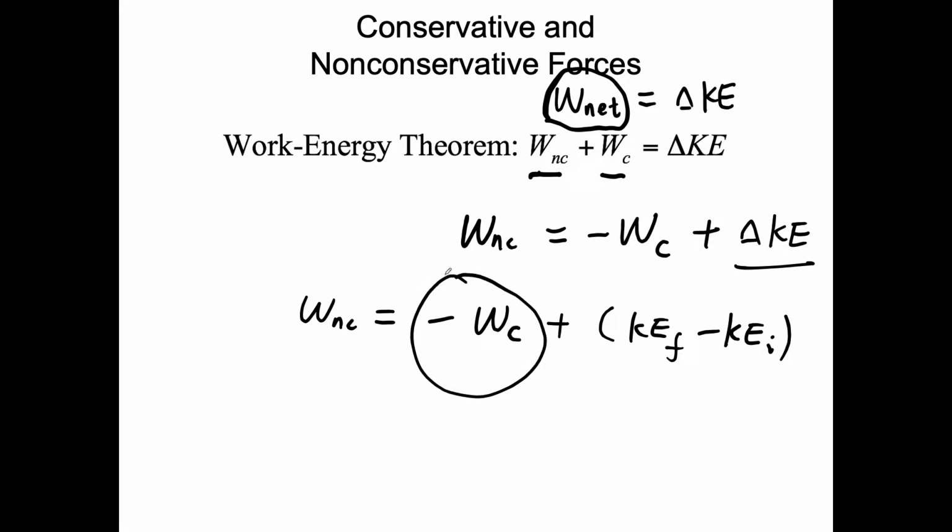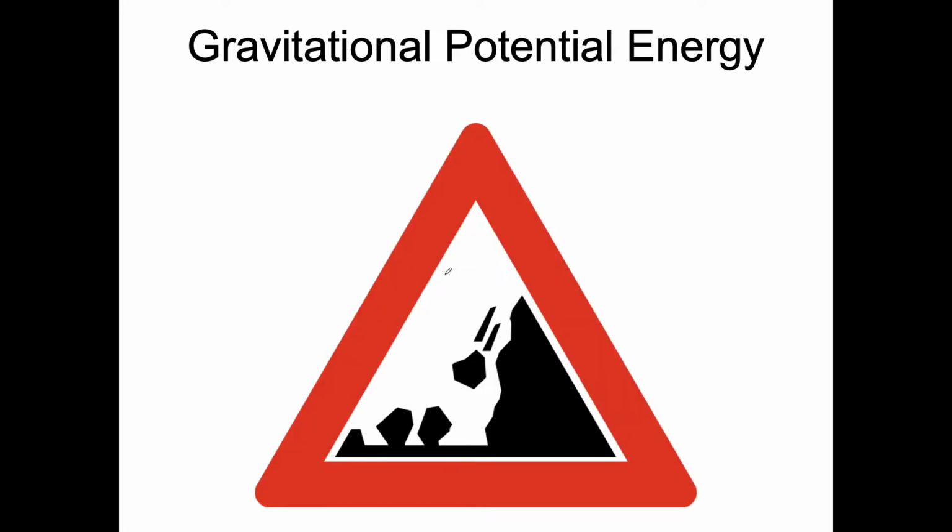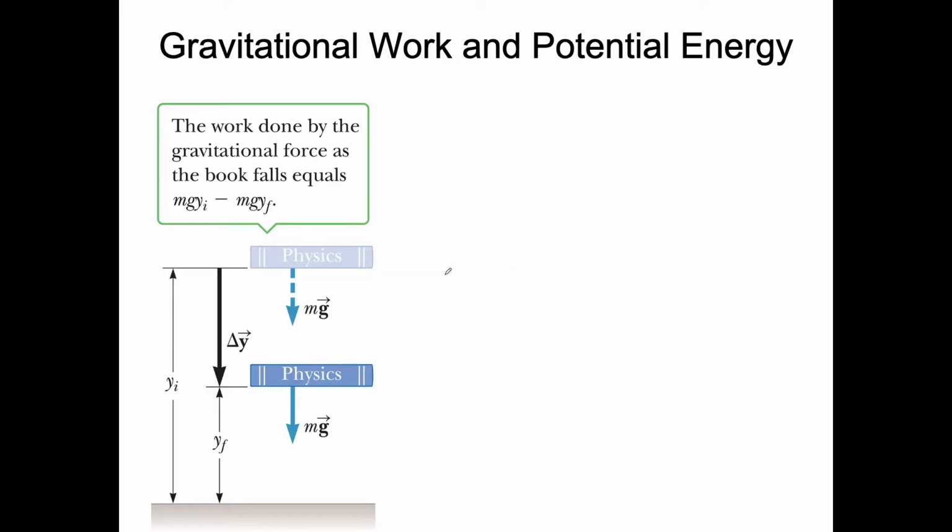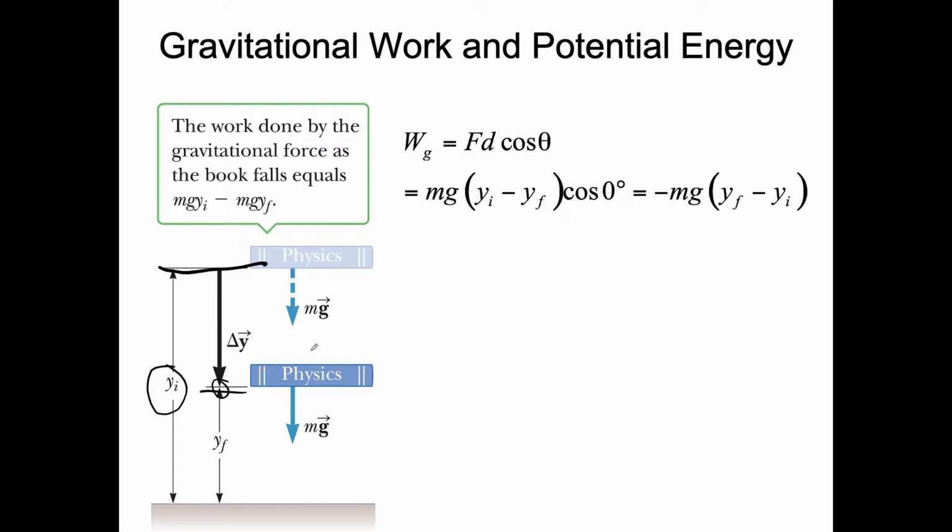So we're going to relate the work done by conservative force to energy as well. As we said, let's start with gravitational potential energy. What is the potential energy for gravitational force? If we have a physics book, start from position y_i, drop to position y_f. What is the work done by gravity in this case? We know the definition: work done by a force is force times displacement times cosine theta.